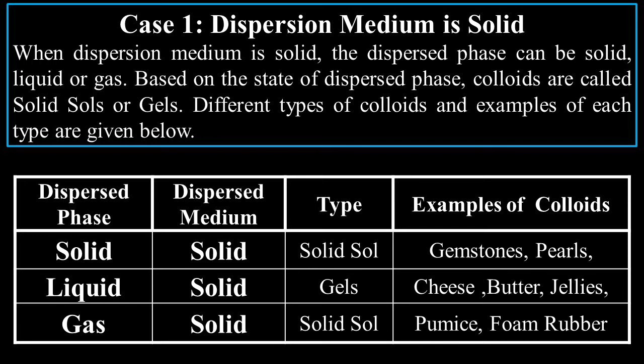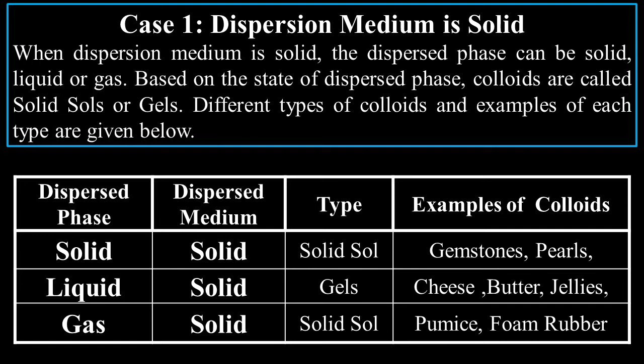So in this particular case 1, the water that's solvent is going to actually be a solid. So a solid in a solid, or solid sol, would be gemstones or pearls. A liquid in a solid would be cheese, butter, jellies. Those are called gels.